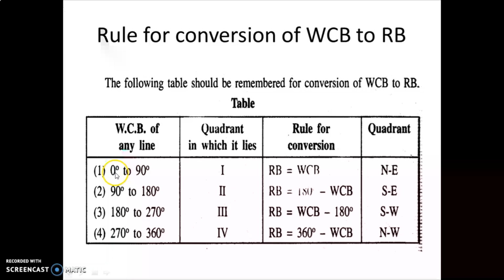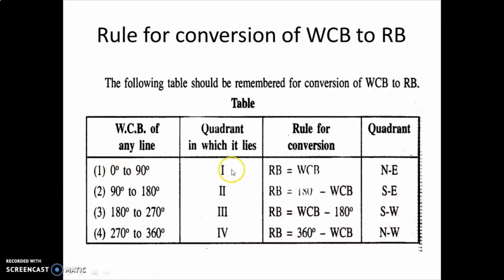Suppose WCB of a line lies between 0 to 90 degrees, in the first quadrant. What is the rule of conversion? RB is equal to WCB. Quadrant is northeast. In the same way, if WCB of a line lies in 90 to 180 degrees, the quadrant is second. Rule of conversion: RB is equal to 180 minus WCB. Quadrant is southeast.